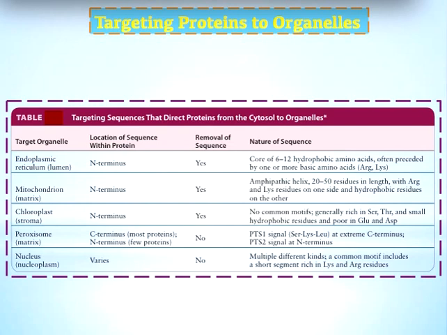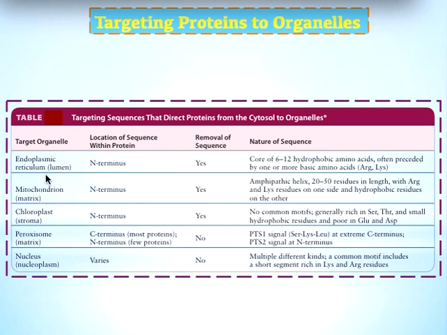As you remember from the last video, the signal sequence of those polypeptides or proteins which will enter through the endoplasmic reticulum is present on the N-terminal of the polypeptide chain. Now, this sequence must be removed once the polypeptide enters the endoplasmic reticulum. And you know that there are certain characteristic features present on this signal peptide, and then comes the mitochondria, which we are going to discuss today.